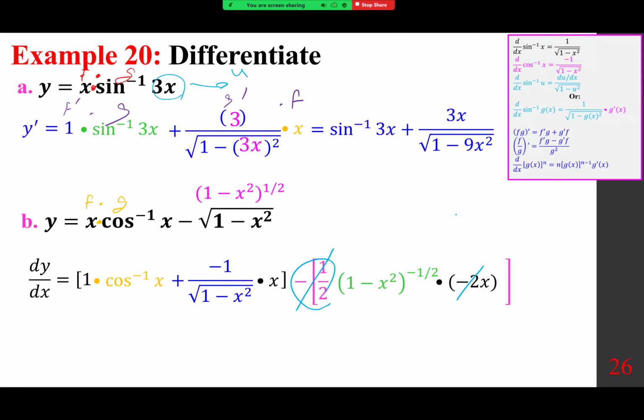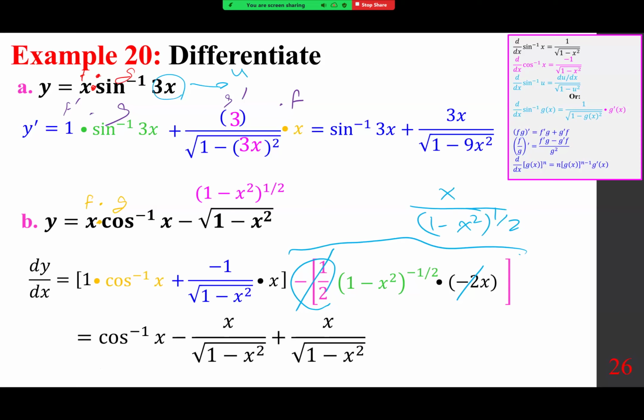And secondly, this whole thing is simply x divided by 1 minus x squared to the power of 1/2, which is the square root. And so these two cancel each other. Final answer is cosine inverse of x.